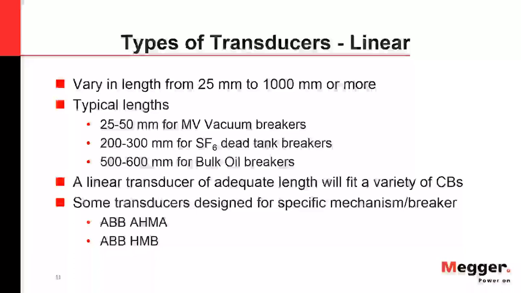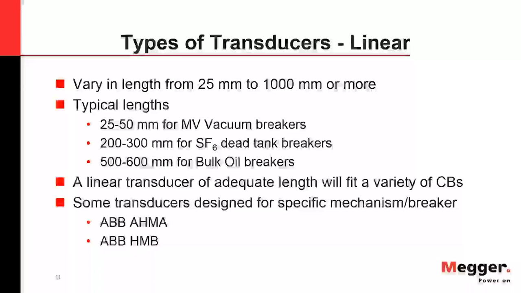And then, once again, as I mentioned, the old bulk oil circuit breakers, you might need a longer 500, 600 millimeter transducer where they have this 18-inch stroke that the interrupters travel back and forth. So even though we have different ones here, a linear transducer of adequate length will fit a variety of circuit breakers.